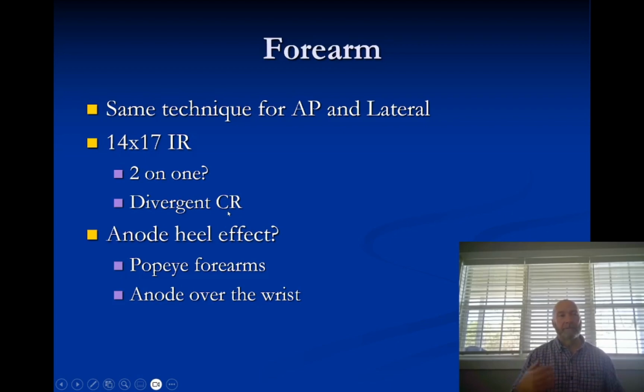So sometimes, if the patient's complaining of pain in the wrist, the forearm, and the elbow, and the ER doctor, or whoever it is, the ordering physician, who ordered that exam, you have to, because of the divergence of the central ray, take each individual exam separately.